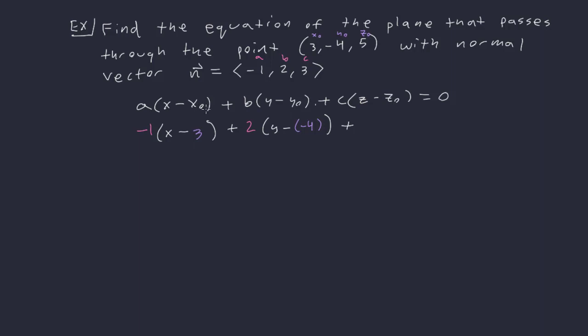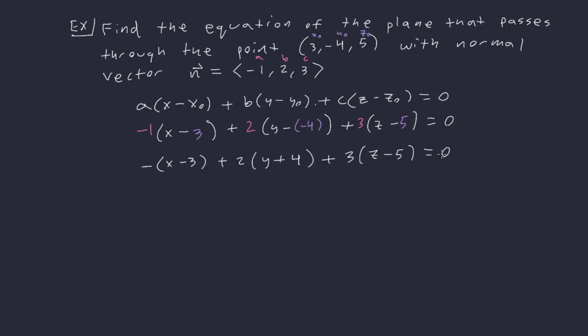The letters and then the x naughts or what have you, those go away. Okay, then it will be c, which in this case is 3, times z minus z naught, which in this case is 5, is equal to 0. Okay, so we get the equation negative x minus 3 plus 2 times y plus 4 plus 3 times z minus 5.